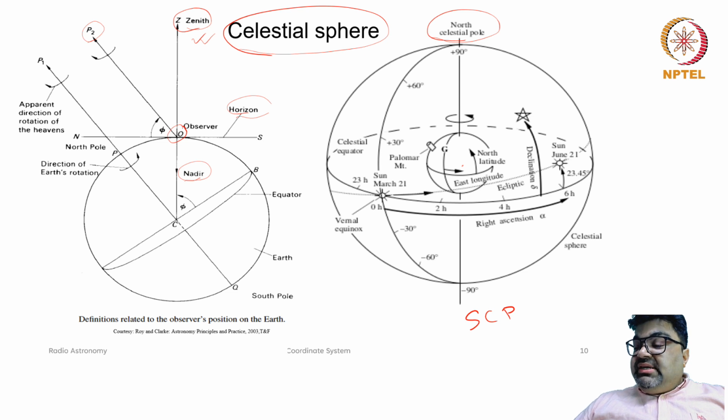The equator is at 0 degrees celestial latitude, and it positions itself with the movement of the sun on the celestial sphere.